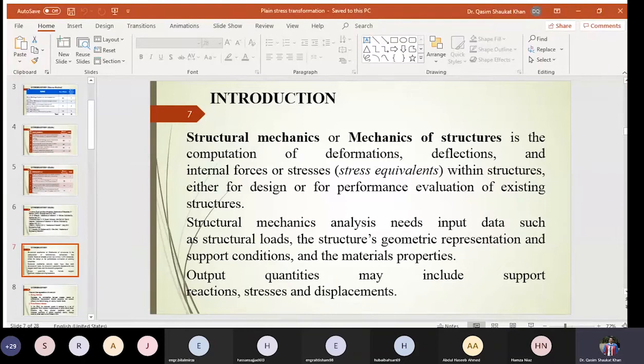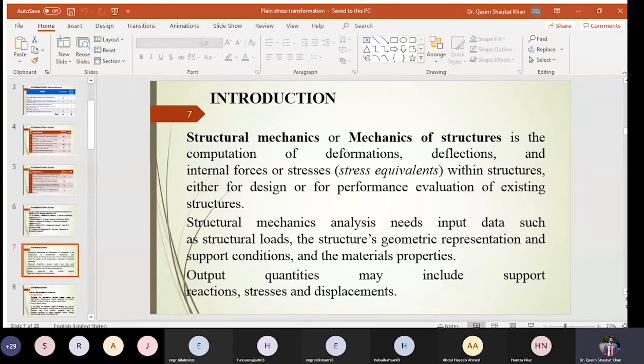So means to say that for the design of the structure, you need the loads. If you recall, in your steel structures you have designed the elements, you have designed compression and flexure members.